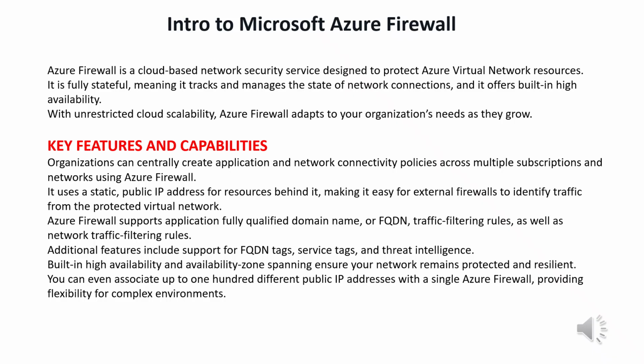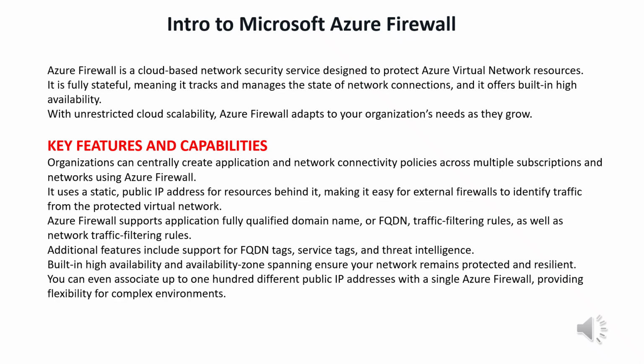Azure Firewall supports Application Fully Qualified Domain Name, or FQDN, traffic filtering rules, as well as network traffic filtering rules. Additional features include support for FQDN tags, service tags, and threat intelligence. Built-in high availability and availability zone spanning ensure your network remains protected and resilient.